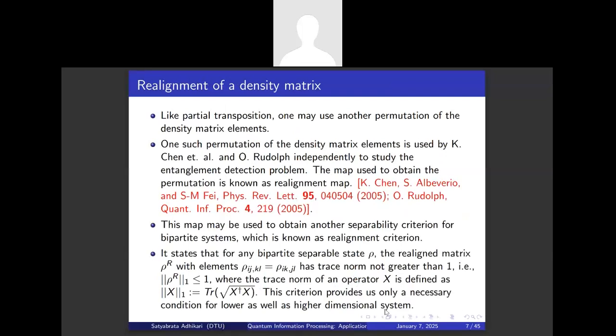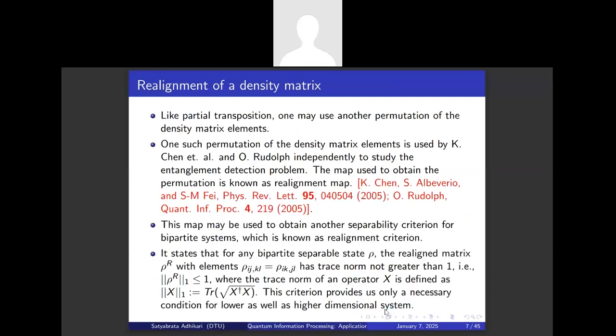When we are thinking of realignment of a density matrix, this gives you another permutation of the density matrix elements. I will come to this point, what the permutation would be, how to arrange the matrix elements so that we can get the realignment.